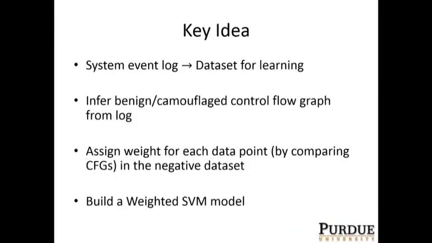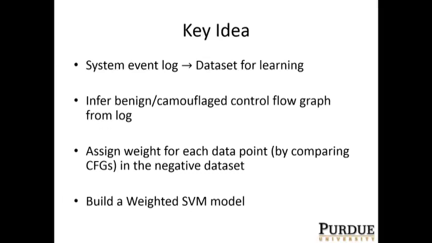Then we'll talk about the key idea of LEAPS. We use the system event log and transform it into the training dataset that is understandable by the learning model. We also derive the control flow graph information from the system event log. One only has benign events and the other one contains the camouflaged attack.